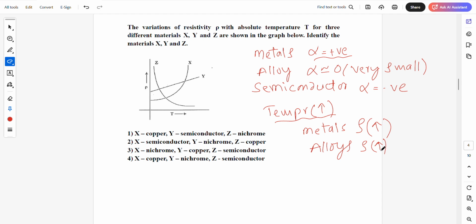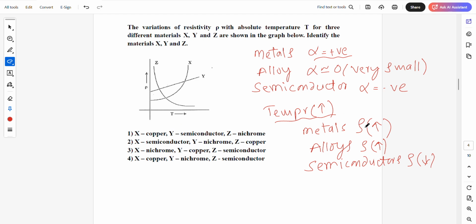For an alloy having a small value of alpha, resistance does not change too much on increasing temperature. In case of semiconductors, when temperature increases, resistivity decreases.